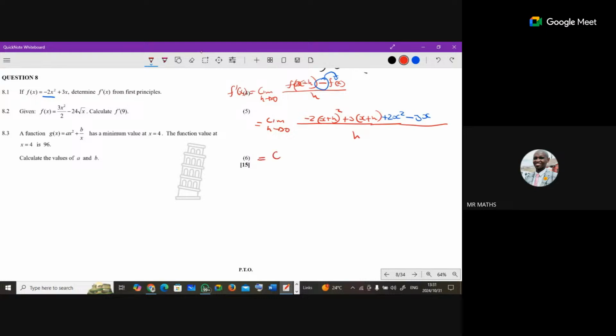Then again, we are still with our limit, limit h as it approaches 0. Then we expand this. How do we expand this? Now it's going to be x plus h all squared. X plus h all squared is a binomial squared. We are going to have negative 2x squared minus 4xh, right?